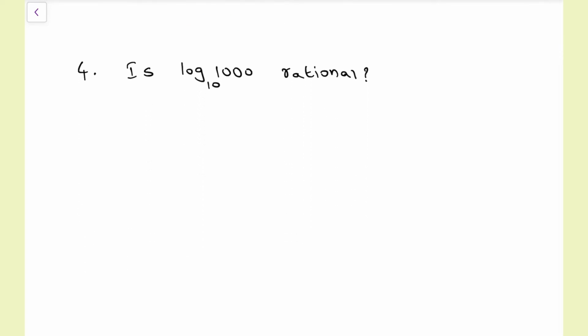Question number 4. Is log 1000 base 10 a rational number? So, log 1000 base 10, which is equal to, log 1000 can be written as 10 power 3, base 10 as it is.